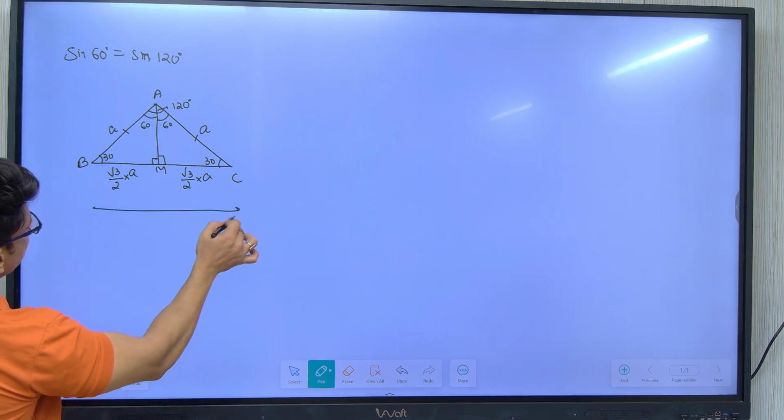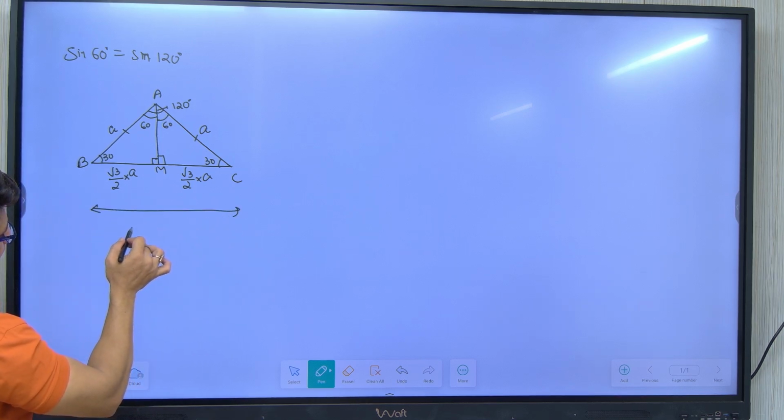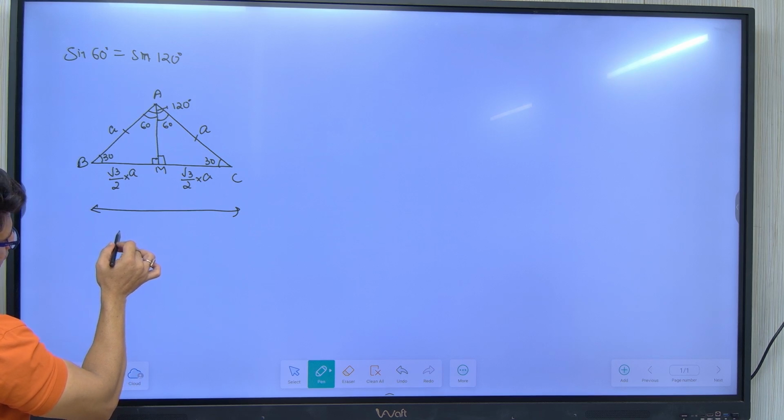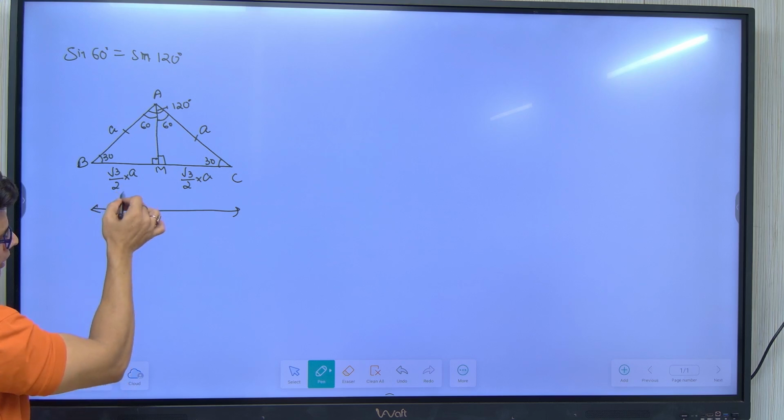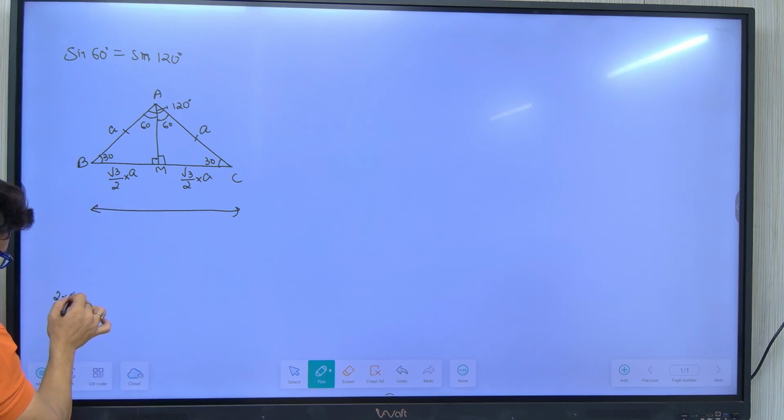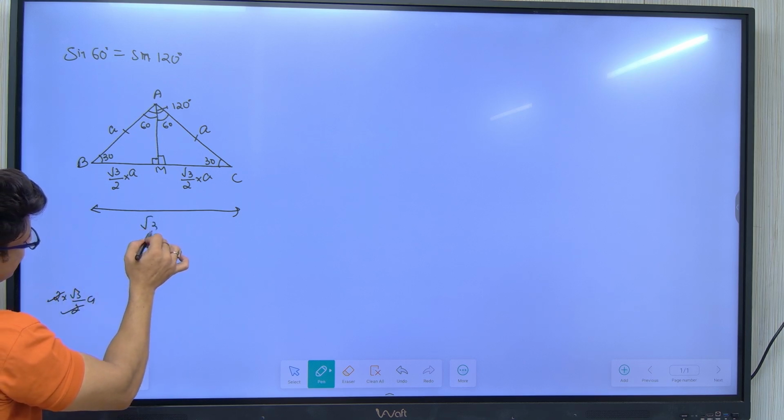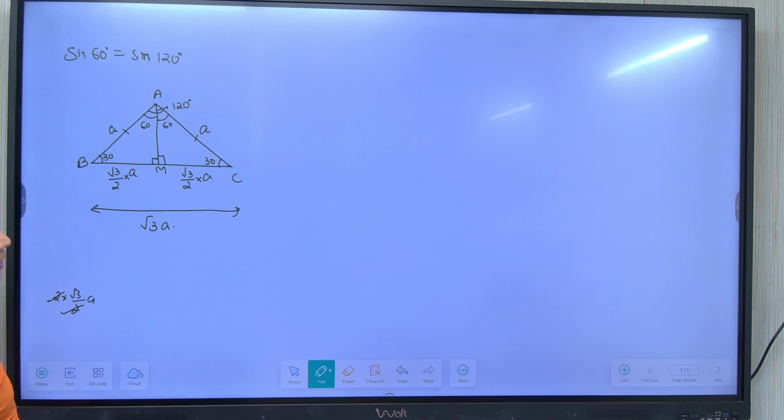This whole length is equal to how much? 2 times root 3A.